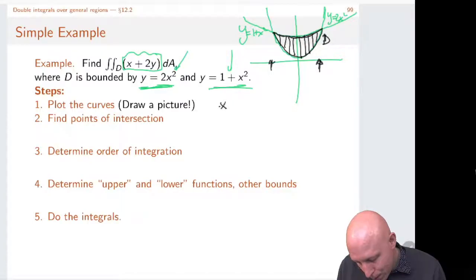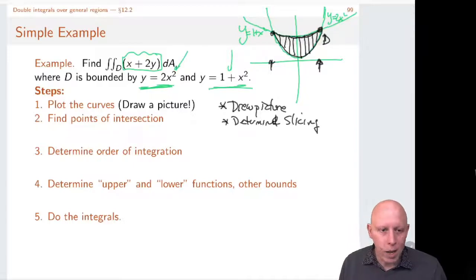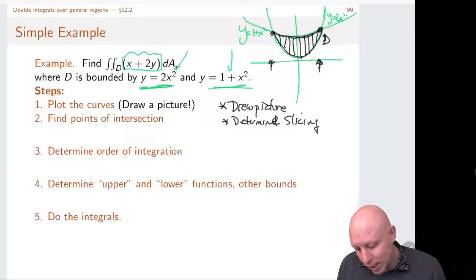So I drew my picture, determined the orientation of the slicing, and because now I need to know where I start chopping and where I stop chopping, I realize I need to find the points of intersection so that I know where my x value is.